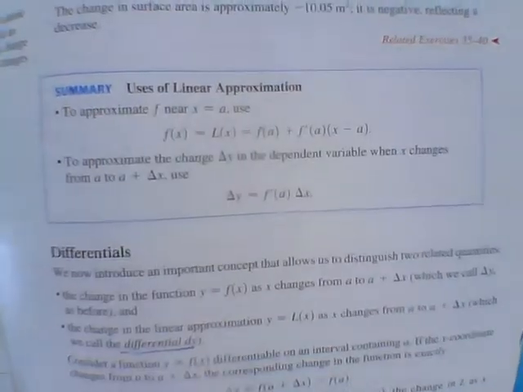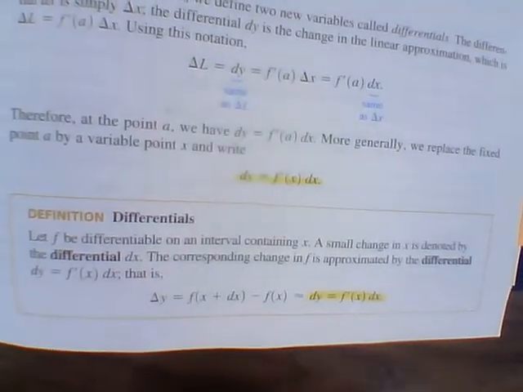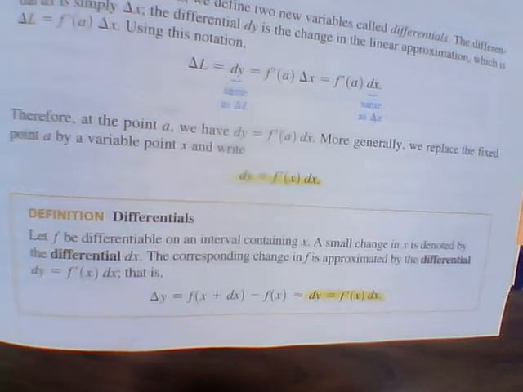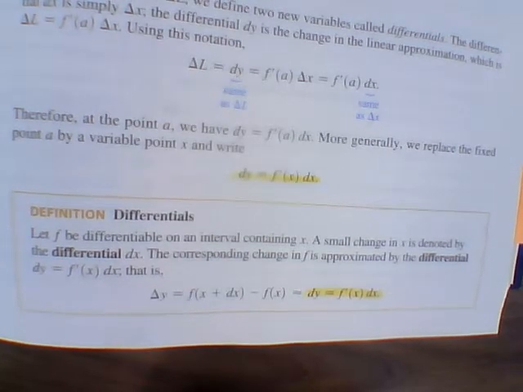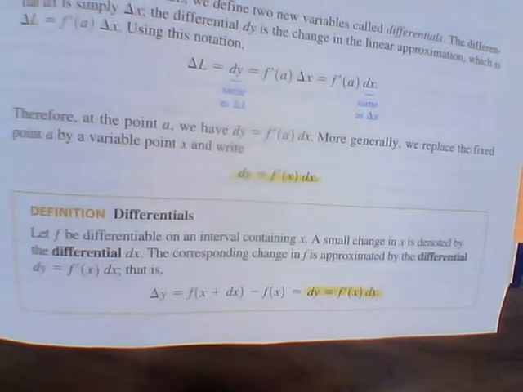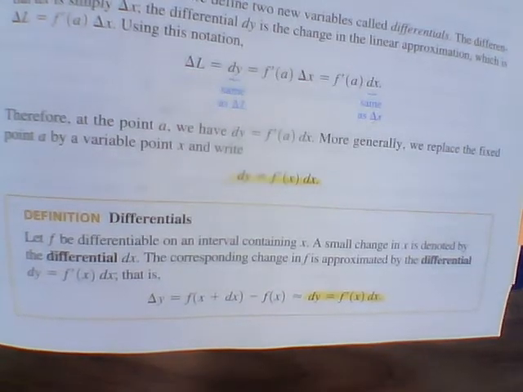The next part of this section talks about differentials. The definition of a differential: let f be differentiable on an interval containing x. The small change in x is denoted by the differential dx. The corresponding change in f is approximated by the differential dy = f'(x) dx.